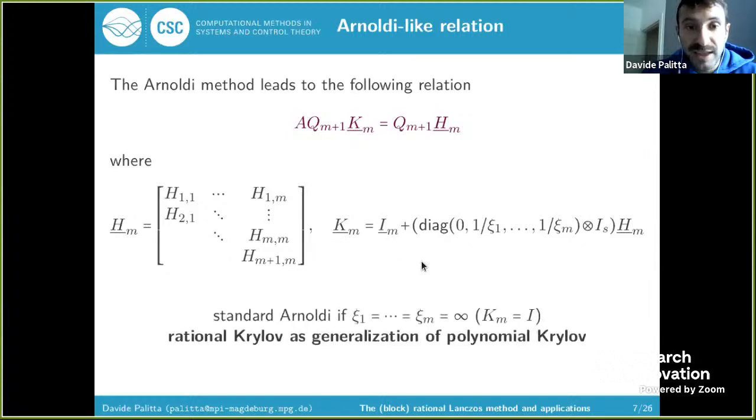If we consider standard Arnoldi, so we want to construct the polynomial Krylov subspace in place of the rational one, we can consider all the shifts to be infinity. Then we retrieve the standard Arnoldi relation because K_m is the identity. So we can see rational Krylov as a generalization of polynomial Krylov.